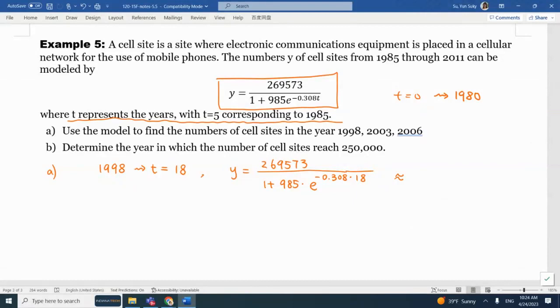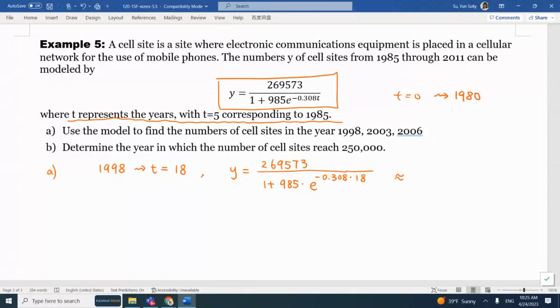So everybody type in your calculator. Type everything in one line. 269,573 divided by parentheses 1 plus 985 times E raised to the negative. You know the button for the negative sign and the difference between the minus sign and subtraction sign?